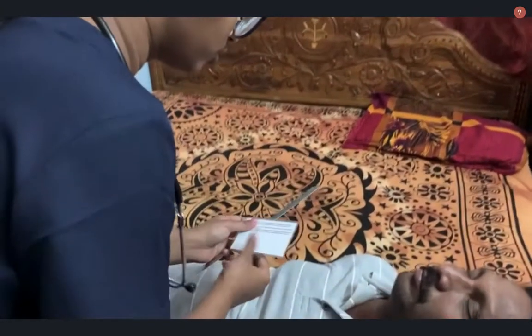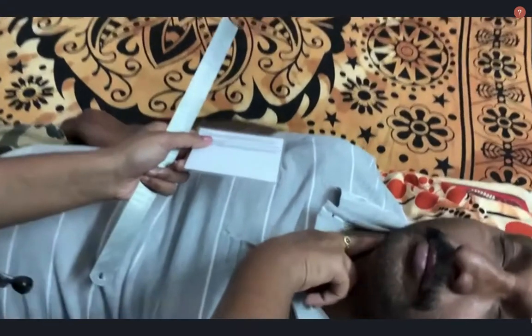After finding that, now we are going to measure with a ruler and with a card. First of all, take a ruler and a rectangular card. So, where did you feel the oscillation of the jugular vein?